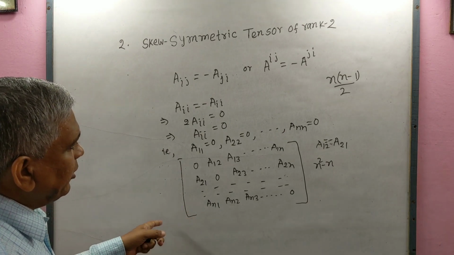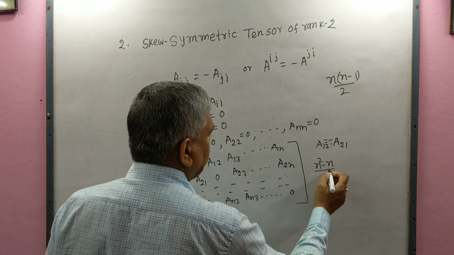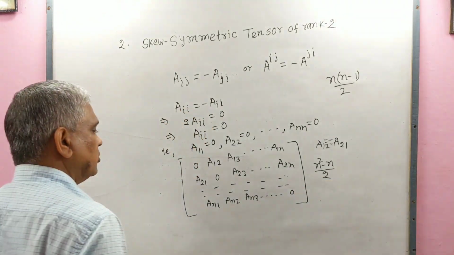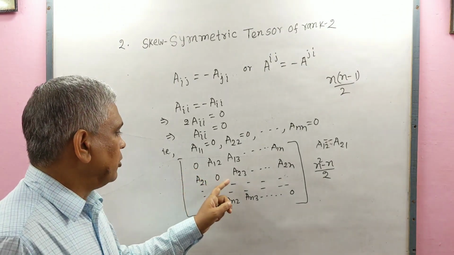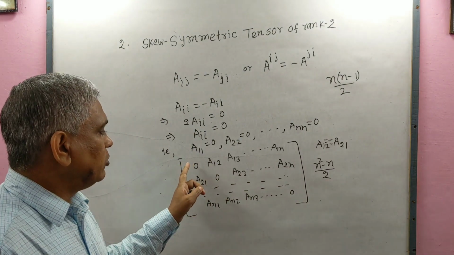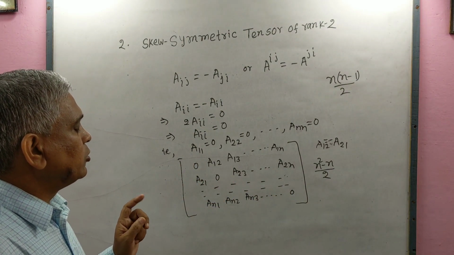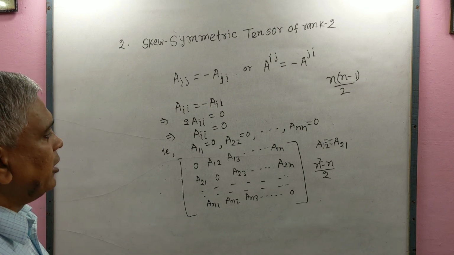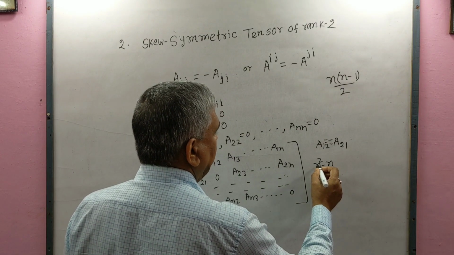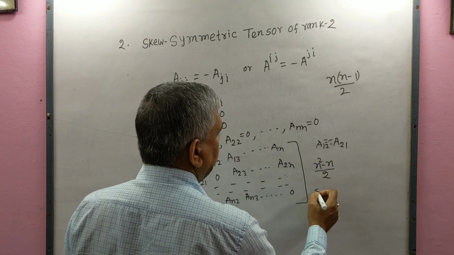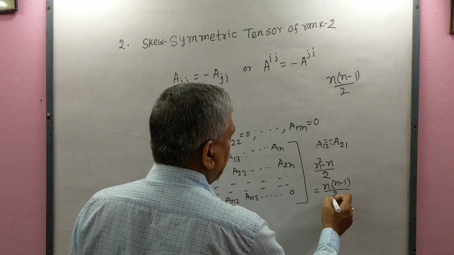Therefore, the number of independent non-diagonal components equals n square minus n by 2. Here, diagonal components are 0, so there is no need to add the number of diagonal components. So the total number of independent components in a skew symmetric tensor will be n square minus n by 2, equal to n into n minus 1 by 2.